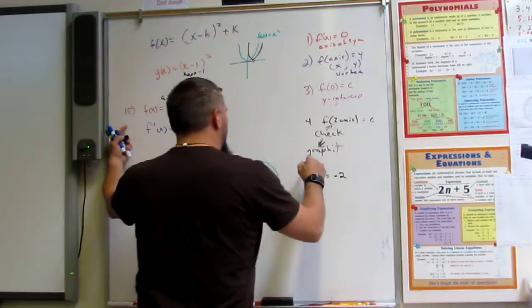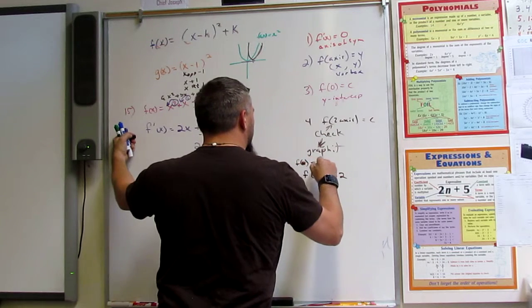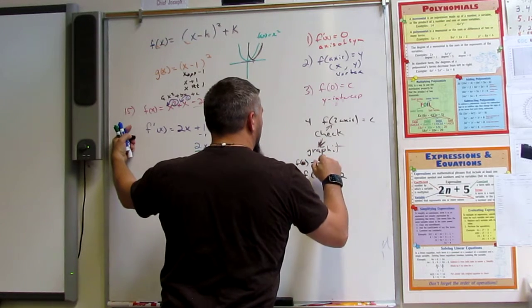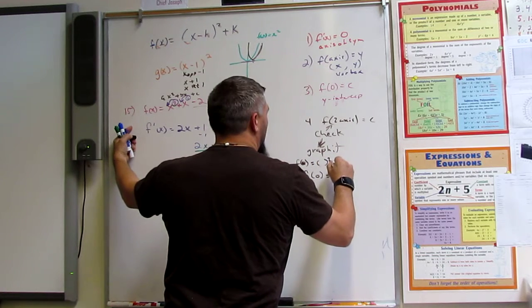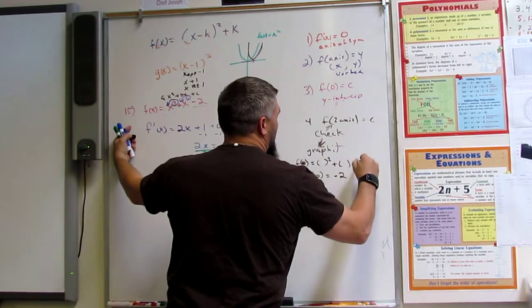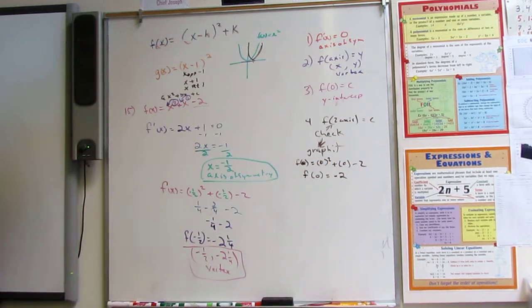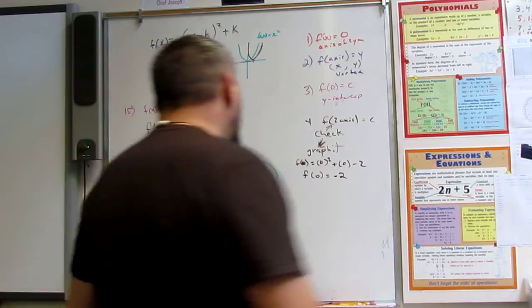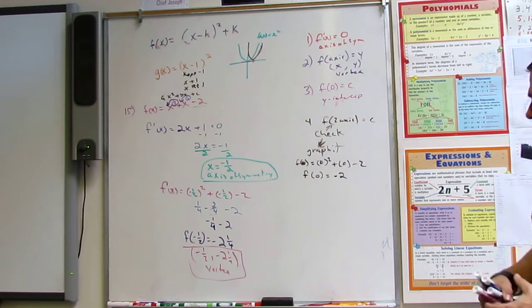Well, you plug it in: f of 0 is equal to blank squared plus blank minus 2, and these blanks are zeros, so those go away. 0 squared is 0, 0, minus 2, minus 2.